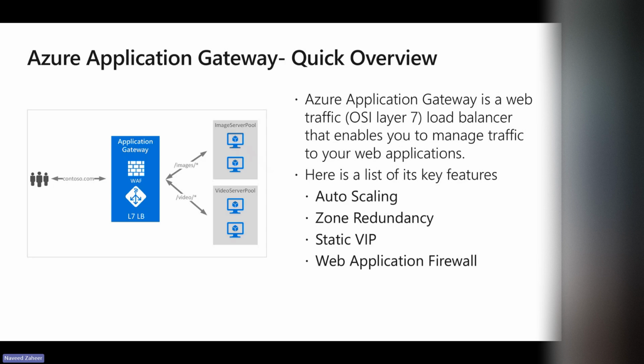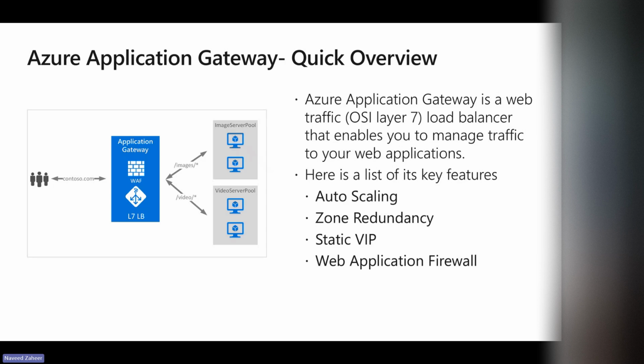Second, another one is a static VIP. And by the way, just FYI, when we are talking about App Gateway, we are talking about App Gateway V2. There was a V1 initial iteration that has been deprecated for some time. With V2, the VIP, or virtual IP, is static. It doesn't change, so that gives you certain advantages. And finally, it supports auto scaling.